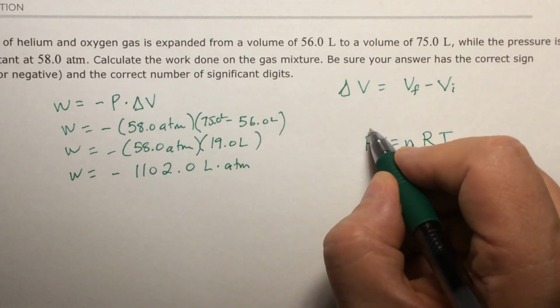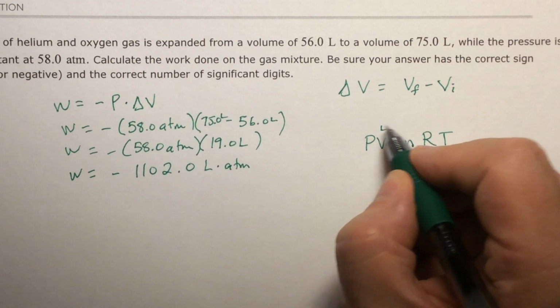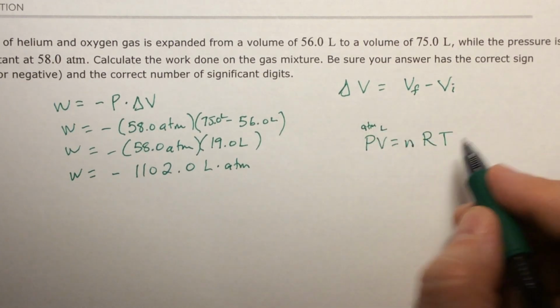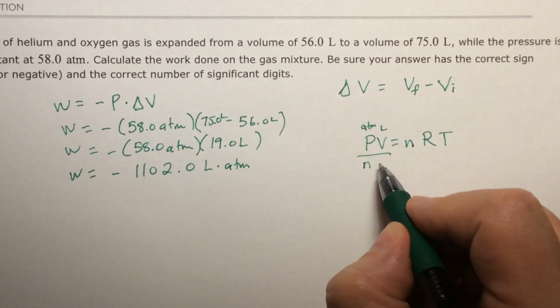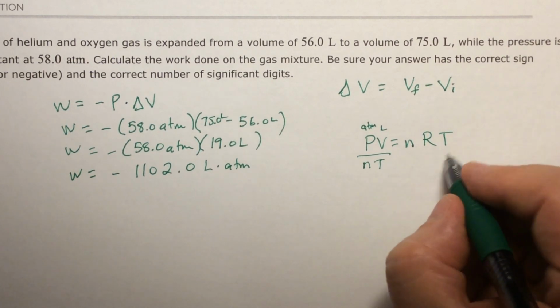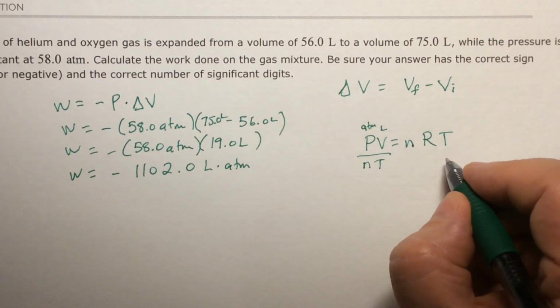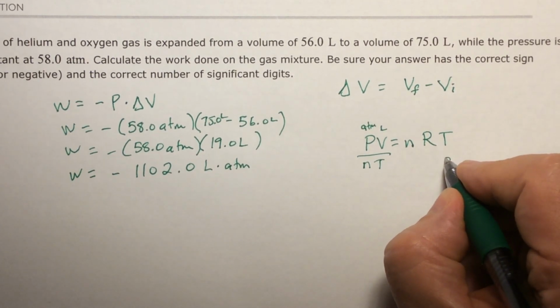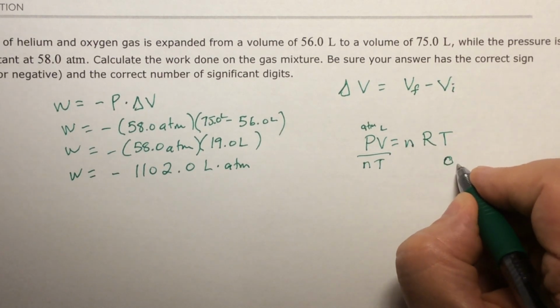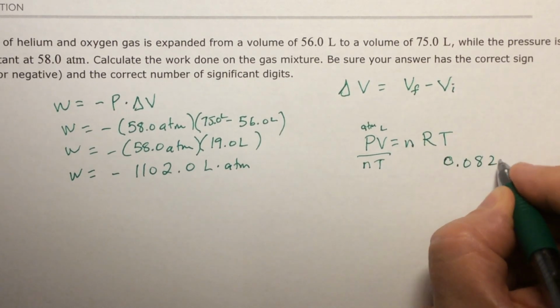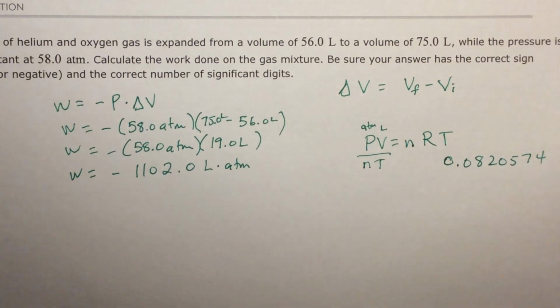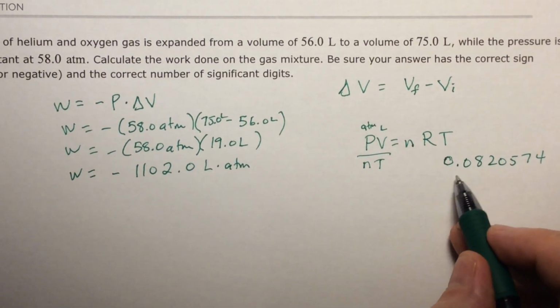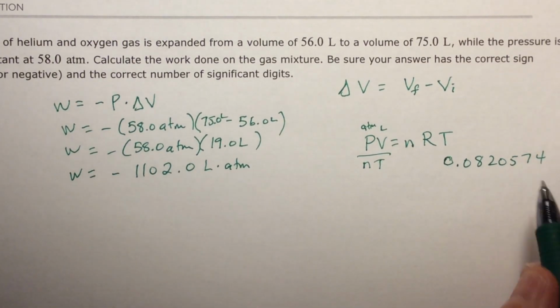So if you are in liters and atmospheres, and you divide by moles and Kelvin temperature, your R is going to be a certain number: 0.0820574. I usually just use 0.0821, but this is its longer version.